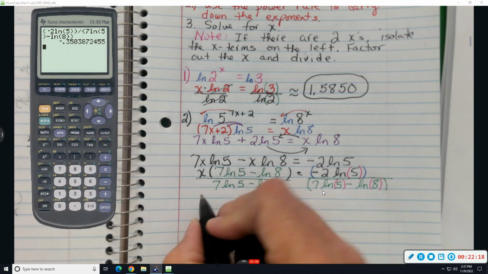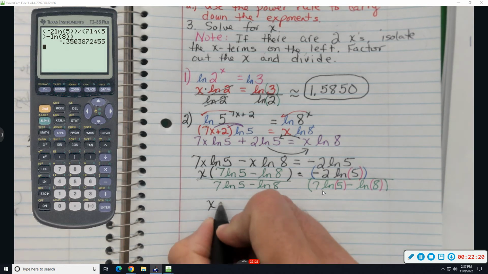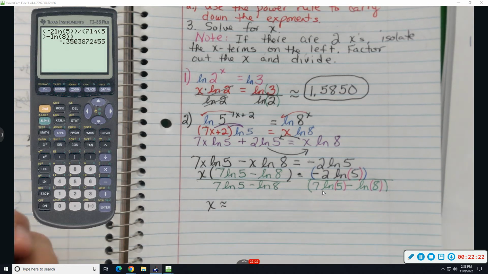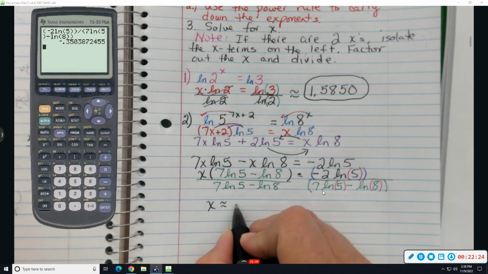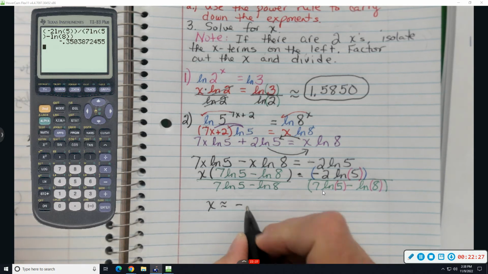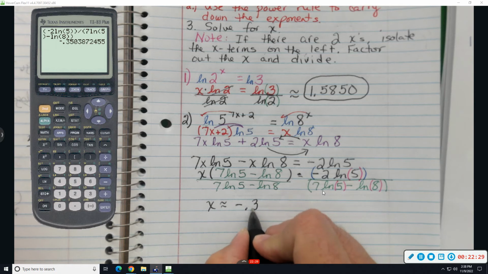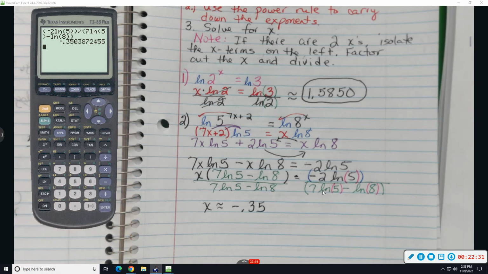So x is approximately, rounding to 3 decimal places, a negative 0.3503. If I'm rounding to 3 decimal places, will I leave this 0 as a 0 or round it up to a 1?